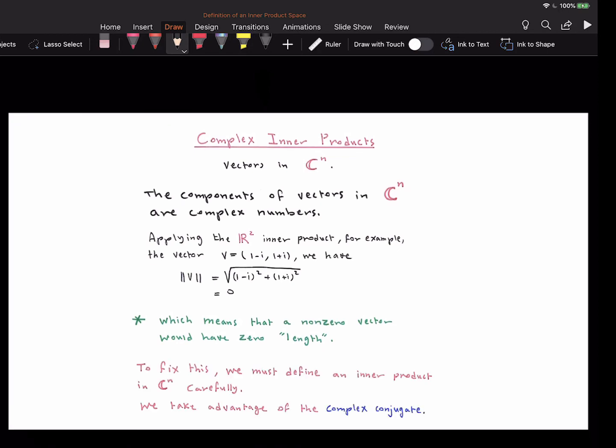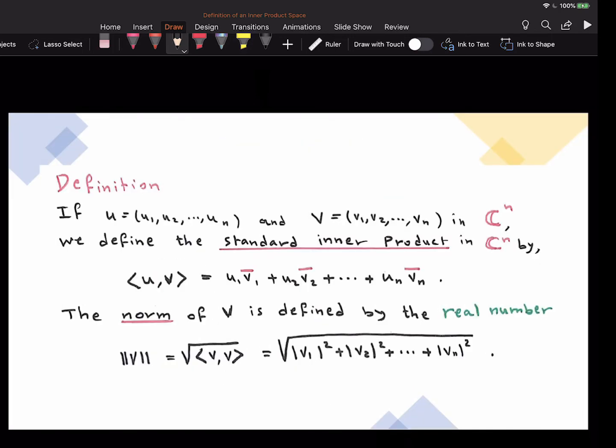To fix this, we must define an inner product in C^n carefully. We take advantage of the complex conjugate. Definition: if u equals (u1, u2, up to un) and v equals (v1, v2, up to vn) in C^n, complex numbers, we define the standard inner product in C^n by the following.